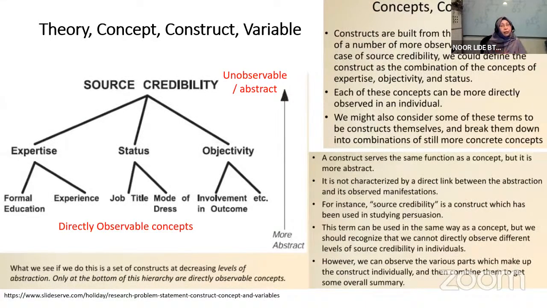And there's nothing wrong with saying that source credibility is a variable. If you want to look at the relationship between source credibility and, say, sales performance, you have two variables there: source credibility and sales performance. You want to look at the relationship between them, but then how do you translate this into something that can be measured?